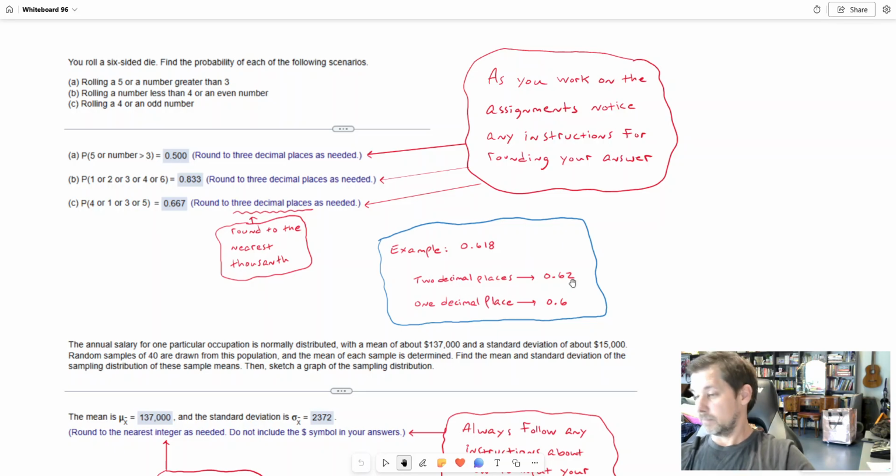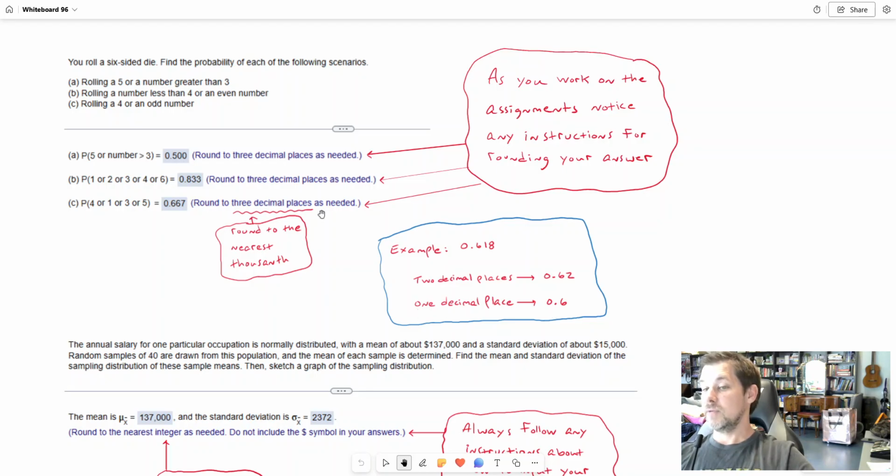The answer, after rounded, has 2 decimal places in it. If I was going to round to 1 decimal place, I would be rounding to the 10th place, okay? So that 6 right there. And if I take this number and I round it to the nearest 10th, the 10th place, then that's going to be like 0.618 rounds to 0.6. So that's what 1 decimal place means.